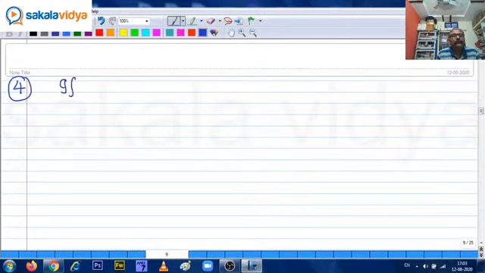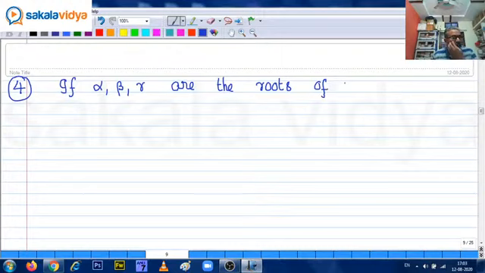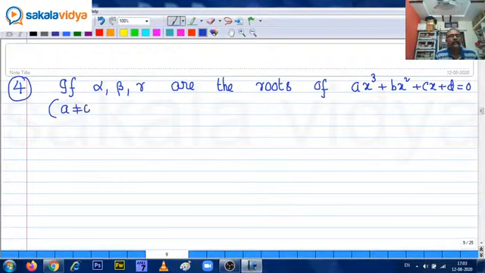If alpha, beta, gamma are the roots of ax cube plus bx square plus cx plus d equals to 0, a does not equal to 0, a is a non-zero number, then we need to discuss the important points. First point. What is the first point?